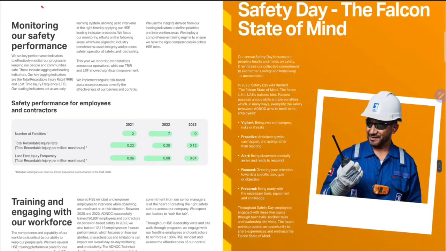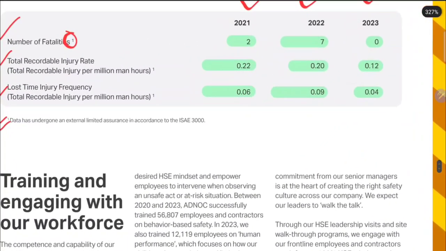Then we can see monitoring our safety performance. Different metrics are there, and data for all 3 years is available: number of fatalities, total recordable injury rate. Then you see one asterisk mark here. The note says the company has undergone an external limited assurance.